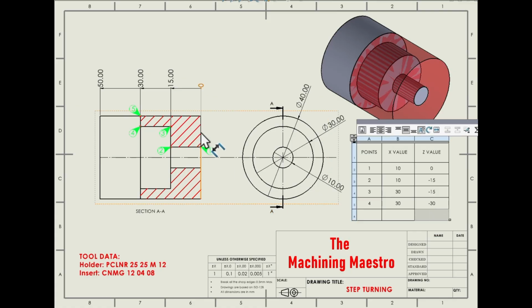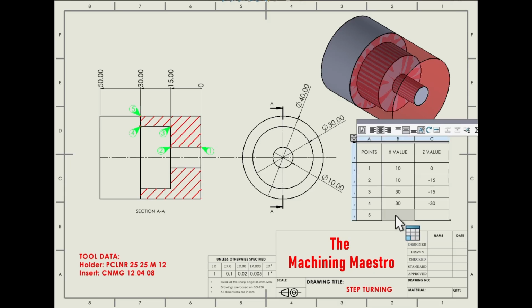Always calculate the distances from the origin position. This is the origin, so whenever you calculate the diameters, you calculate from the center point as a center axis, and wherever you are calculating the z positions, you calculate from the face of the workpiece. Okay, now go to point number 5.